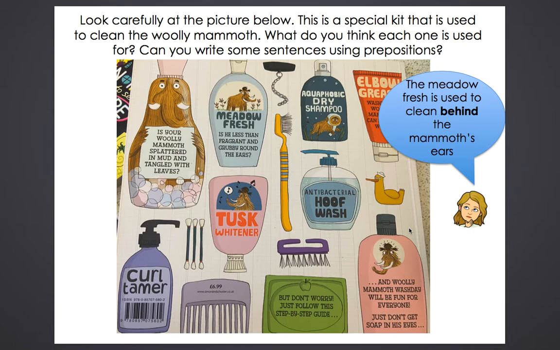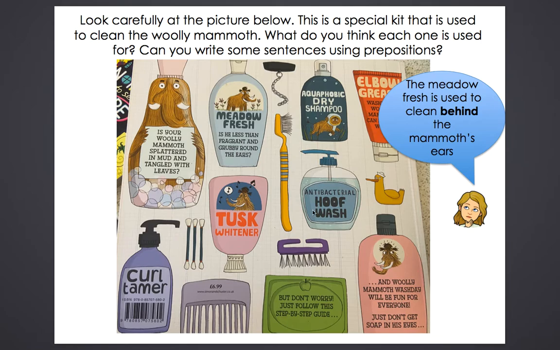So my example here, the meadow fresh is used to clean behind the mammoth's ears. Okay. I could say that the cotton buds are used to clean inside the mammoth's ears and get rid of any trapped dirt.